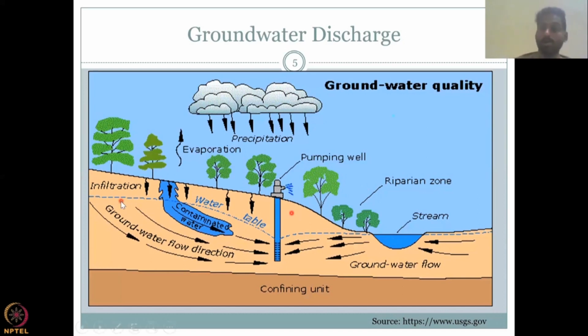It may not pull this water which is far away, but it can easily pull this water because it is nearby, and the water table would be conducive to bringing that water. The cone of depression is started because of the discharge, because of the pumping velocity, and because of that, there is a lot of lateral water moving inside.